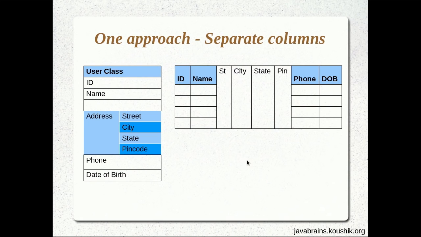This option works fine on a particular scenario, and that scenario is if the object inside this user class is a value object. Now what do I mean by value object? When dealing with Hibernate, we see 2 kinds of objects. One is the entity, and one is the value object. Now an entity is something that we saw earlier, that was the user class.